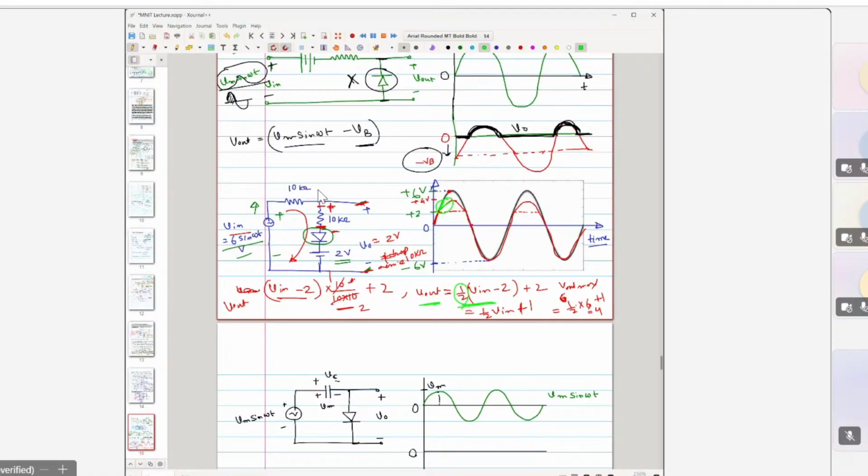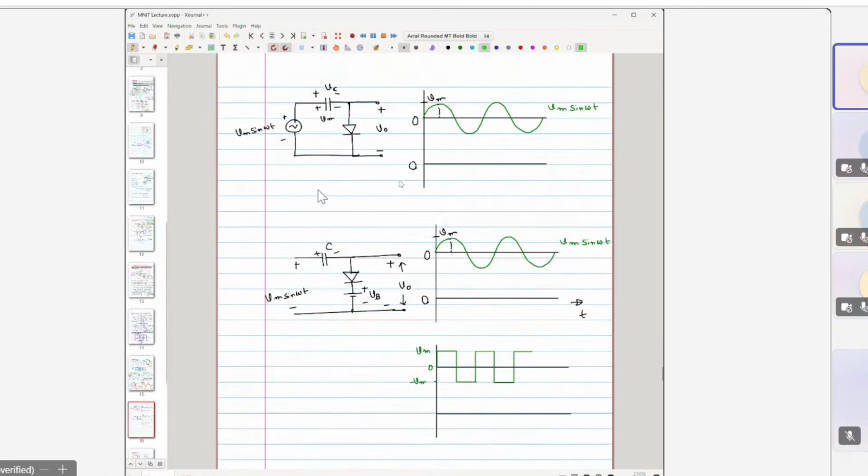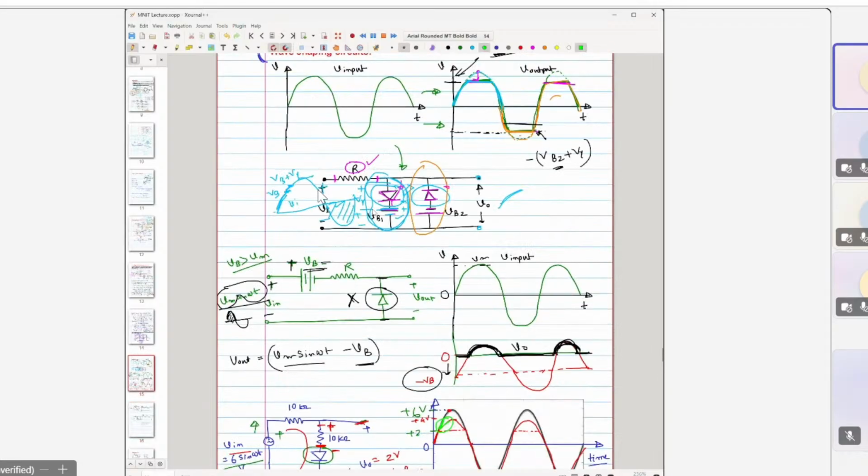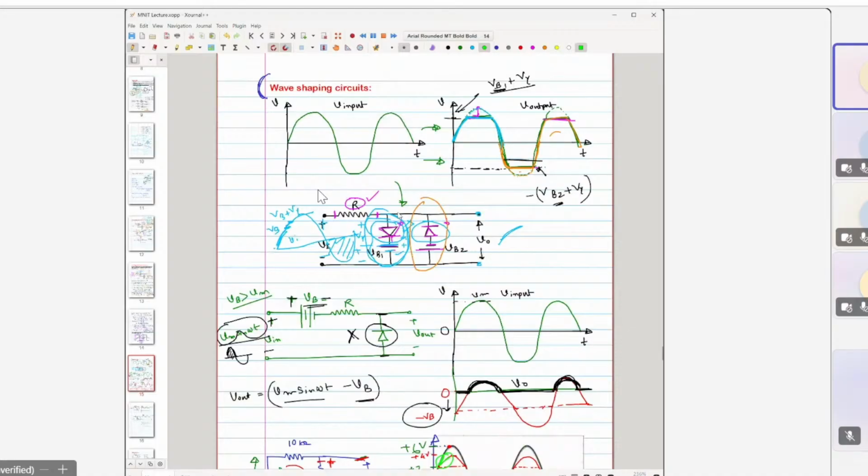Then we are almost towards the end of this. Another important circuit. These are basically, let me write these things here, clipper circuits.